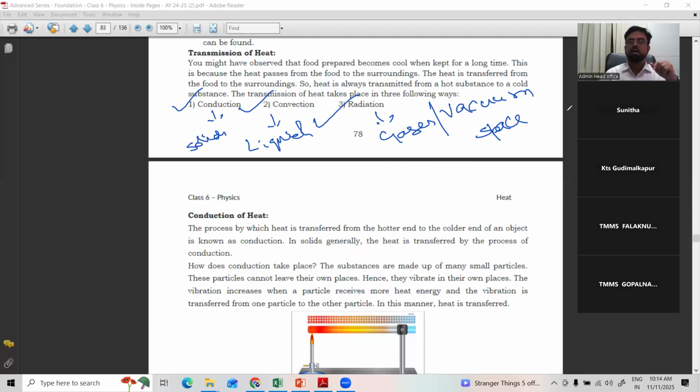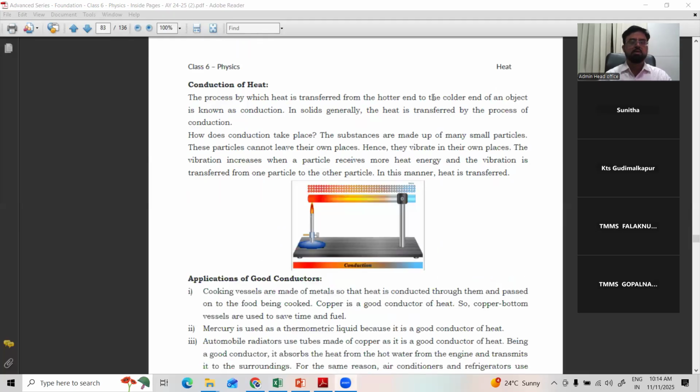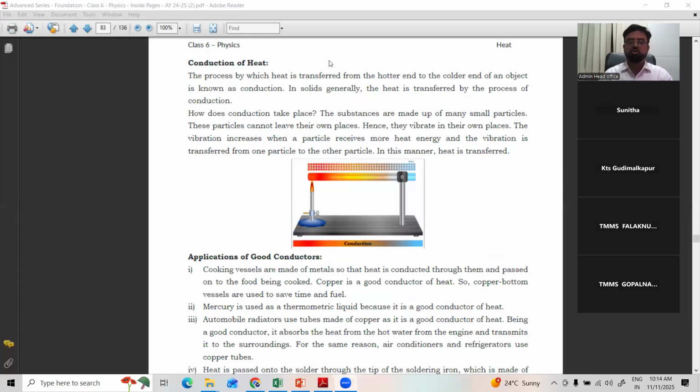So we'll see what is conduction and how it is applicable in our day-to-day life, and what is convection, where this is useful for us, and what is radiation, how it is applicable, right? All these three one by one we'll discuss before ending the session, right? So first we'll start with the first method, that is conduction of heat.